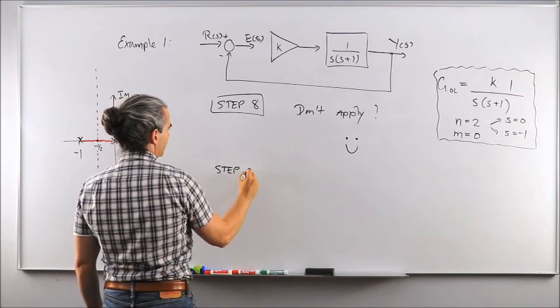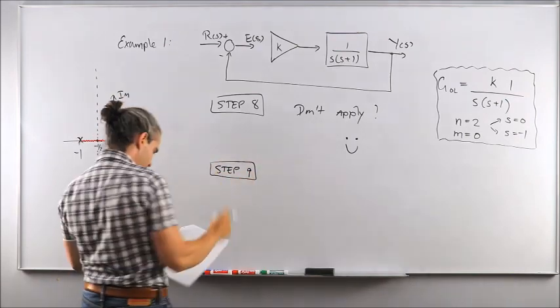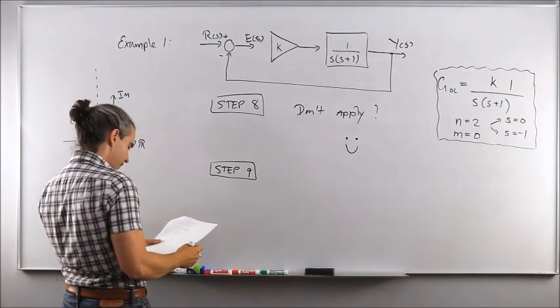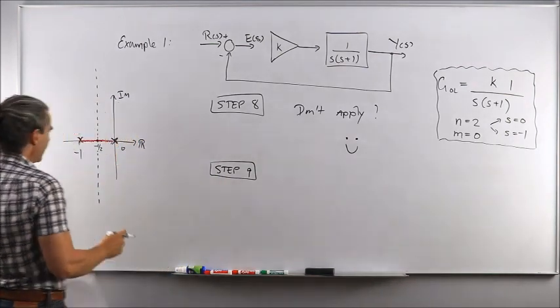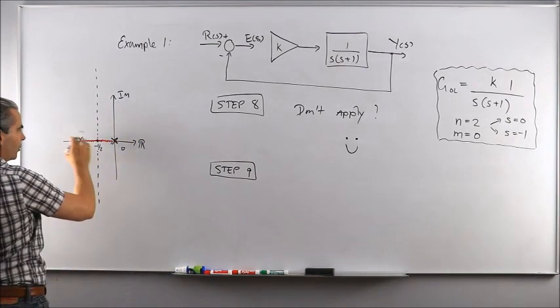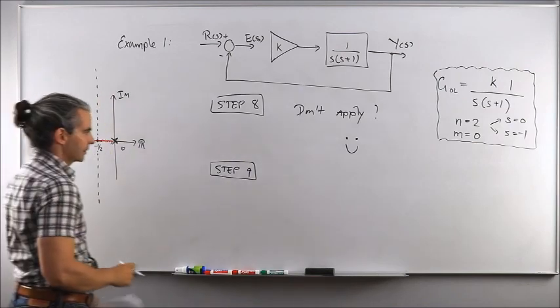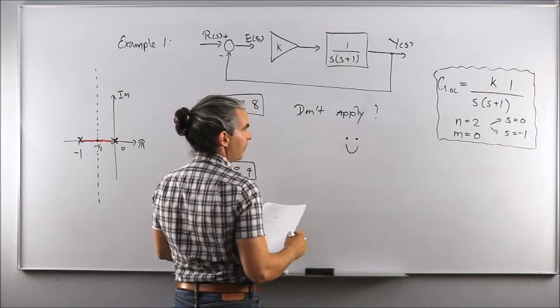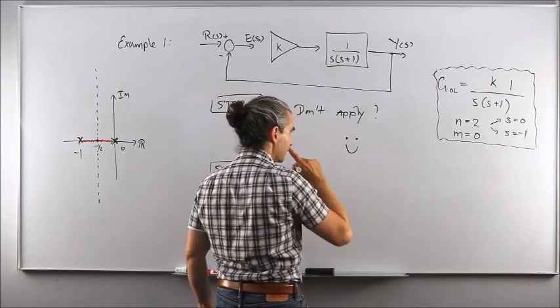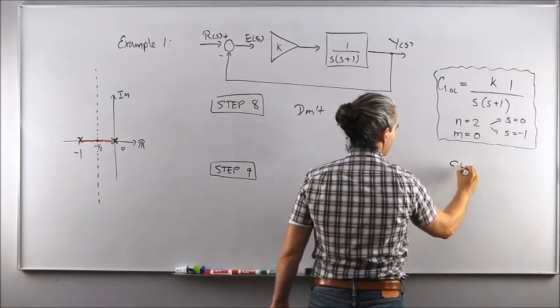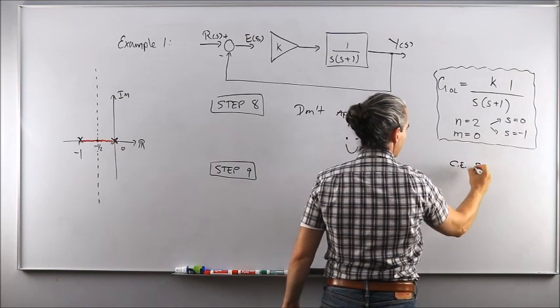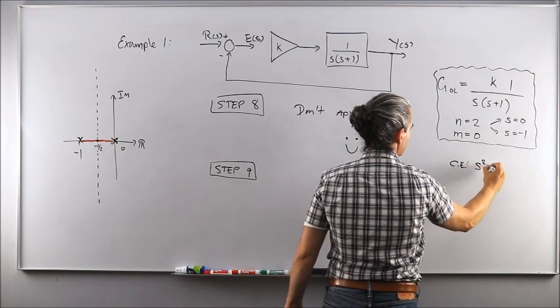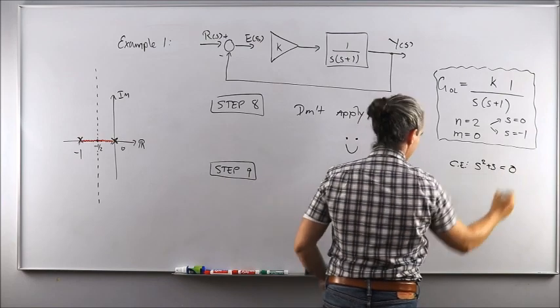Lastly, step 9. This is to figure out the intersection of the root locus with the imaginary axis. Okay? So what you do is you go back to your characteristic equation, which is always the denominator equal to 0.